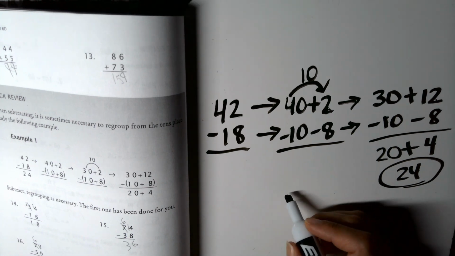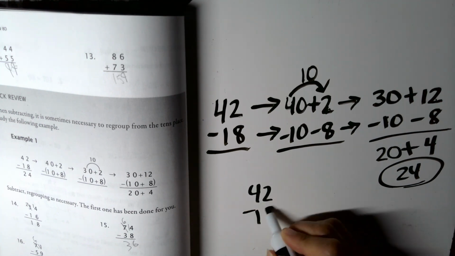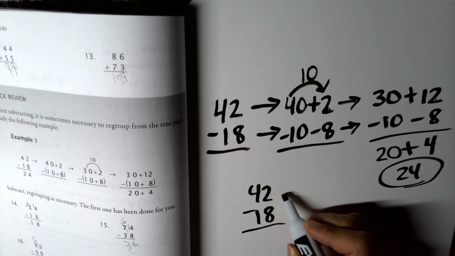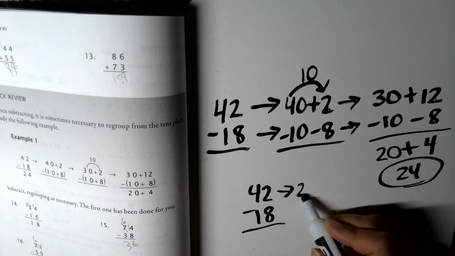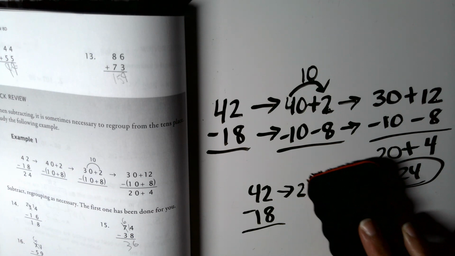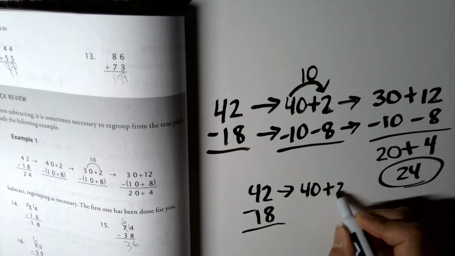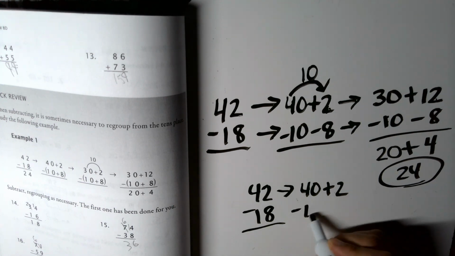Think about it this way too. If you have 42 minus 18, and you change this into 40 plus 2, and then you have minus 18.